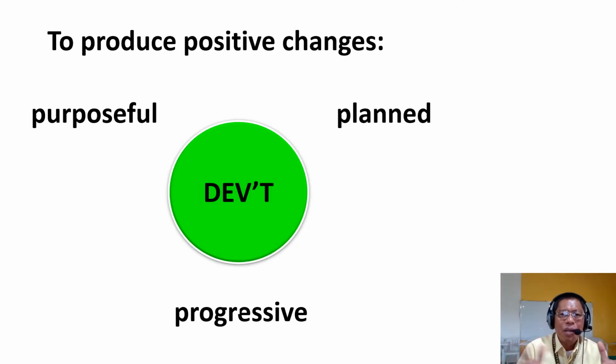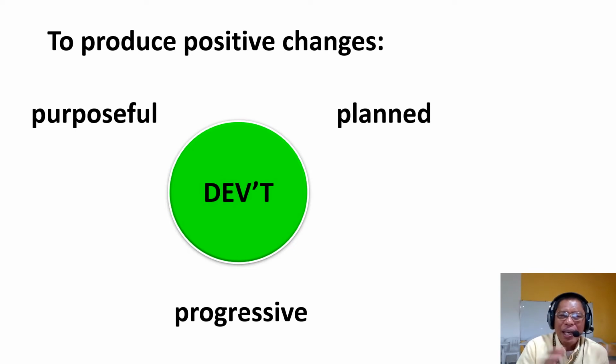Dapat may purpose. Hindi yung gigising lang yung presidente one morning or secretary of education one morning, gigising siya, sabihin niya, masama ang gising ko parang magandang magpalit ng curriculum ngayon. Dapat po may purpose yan. At saka may plano. No? Curriculum development is a complex process. It entails a lot of preparation. It entails a lot of planning.